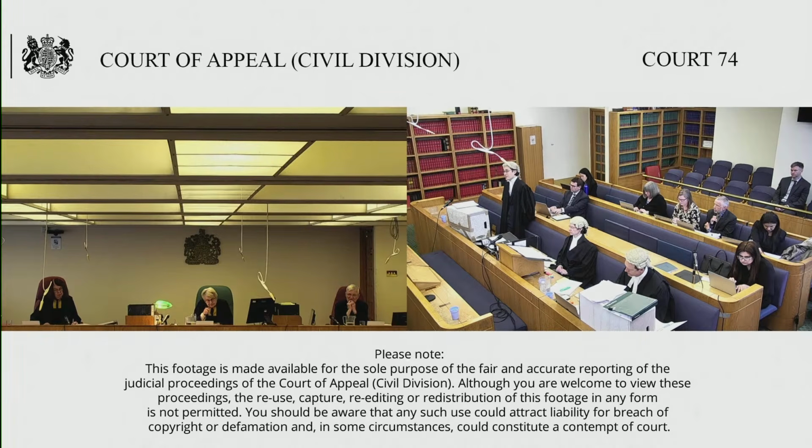But I think the question the FTT is really posing is, if Section 49, subsection 1, doesn't deem the beneficiary to have incurred the trust liabilities, how do you ever take trust liabilities into account at all?